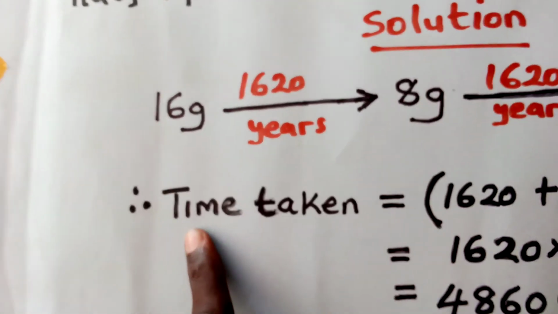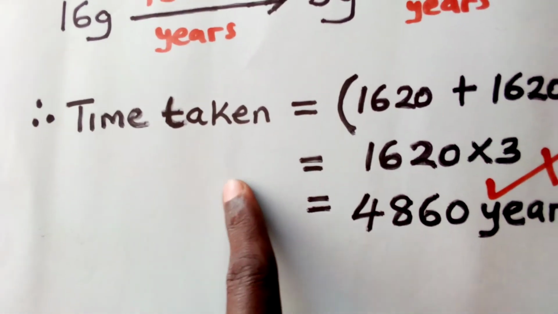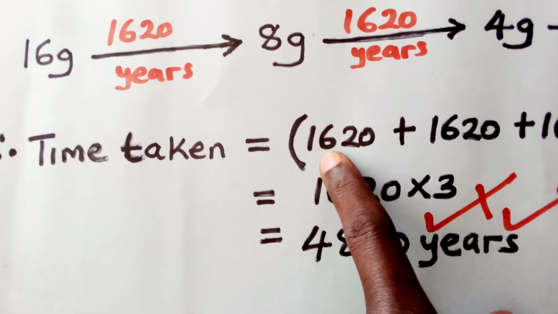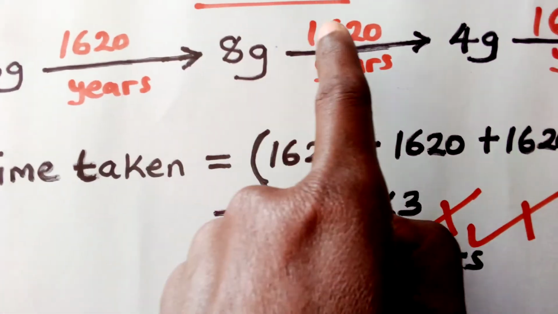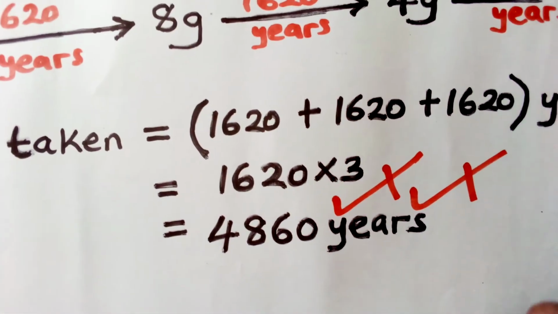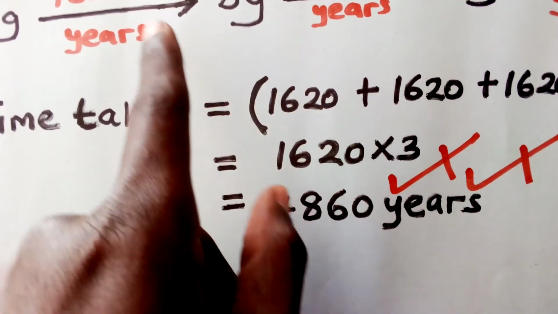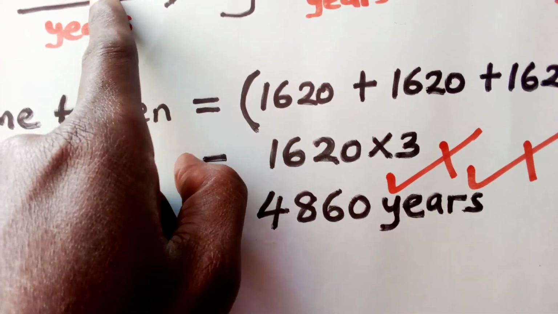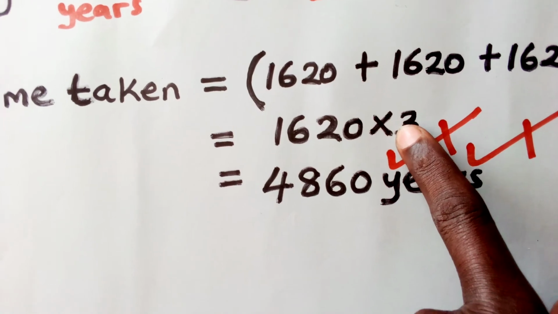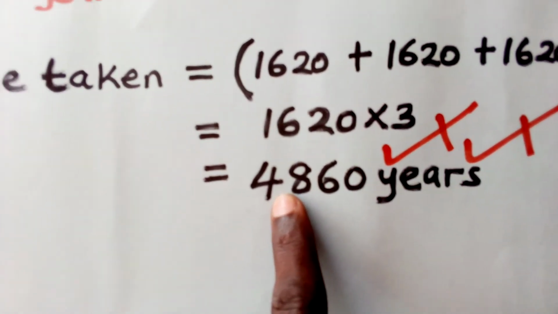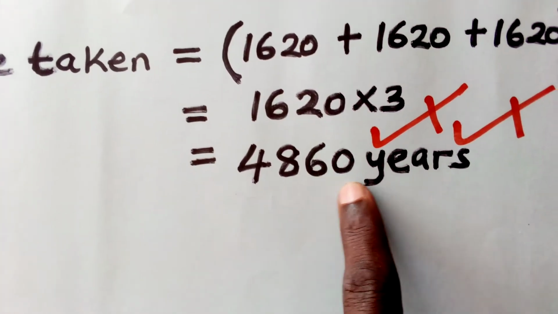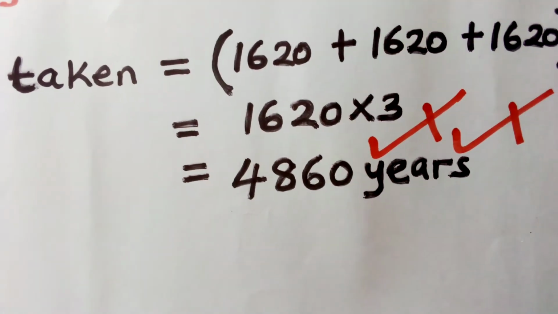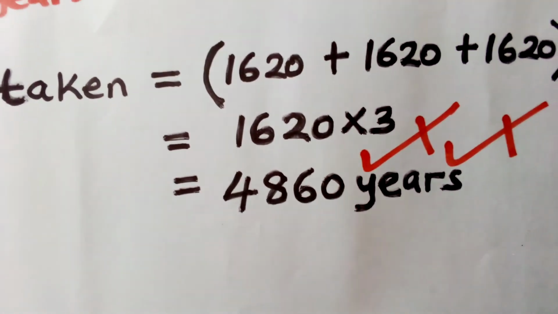So we shall say the time taken is equal to this time plus this time plus this time. All of them are in years, which is the same as getting 1,620, then you multiply by 3. And you end up with the answer 4,860 years. And that one becomes the answer.